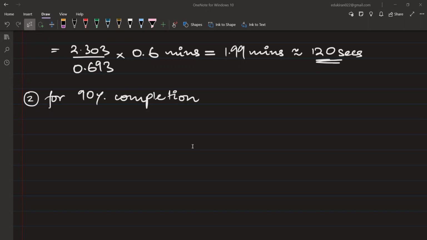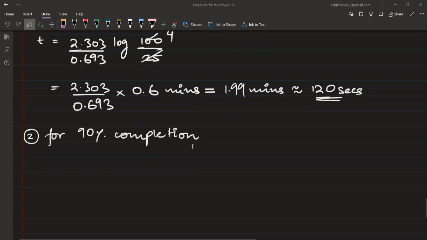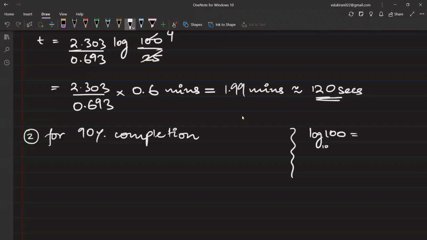Log 10 is 1. See, you were not in the last class, but still I am giving you just a basic idea about log. So log has a base, which people don't write, it just stays hidden. So generally the log base is 10. If you are going to calculate log 100, then you will ask yourself, 10 to the power of how much is equal to 100? Tell me. 10 to the power how much is equal to 100? 2, 10 raised to 2 is 100, right? Similarly, log 100 will be equal to 2.